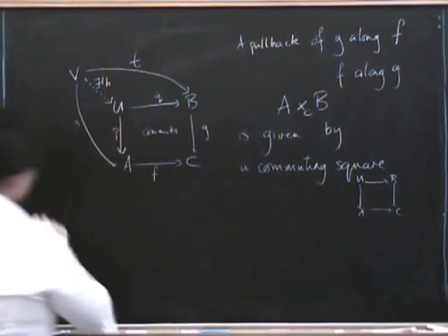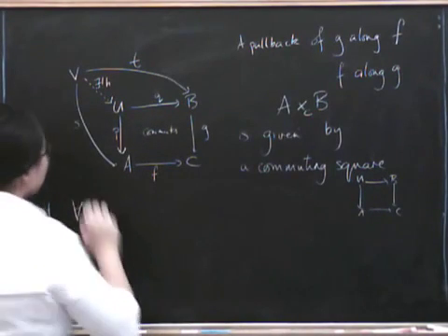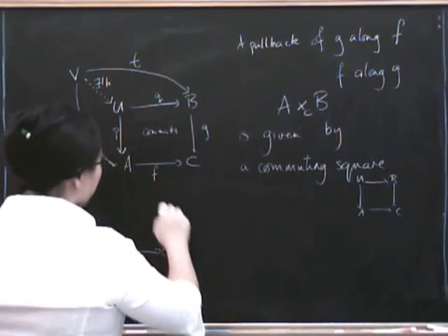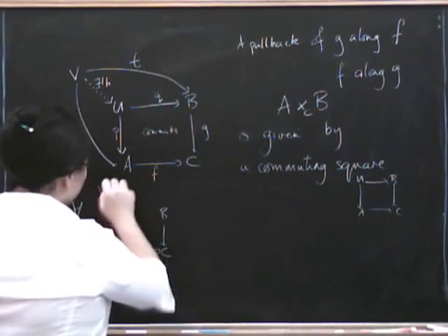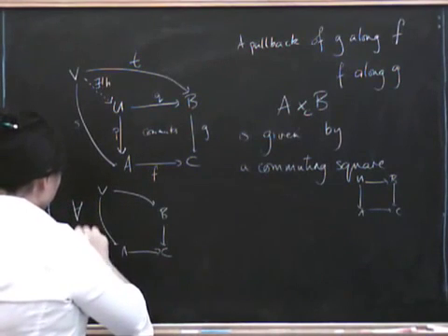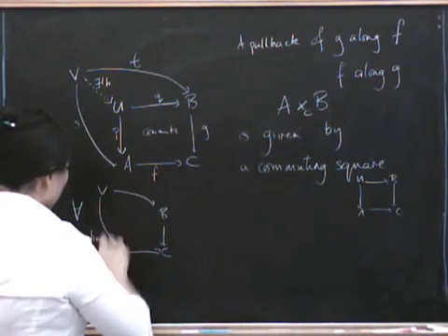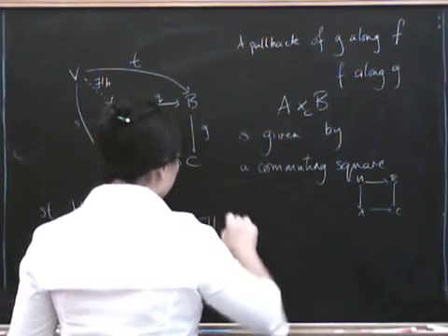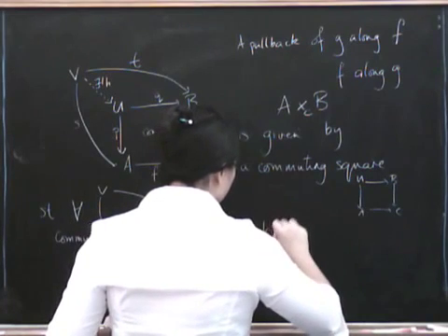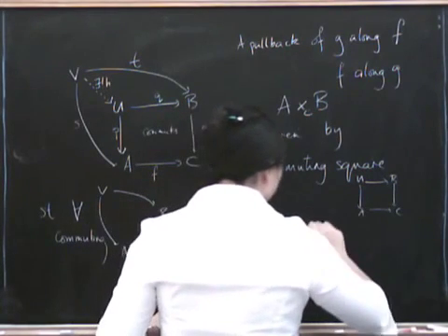And then we have the universal property such that for all other squares, so that's the outside now, let me just draw this quickly like this. So for all commuting squares like that, commuting, there exists a unique H like that, making the diagram commute.